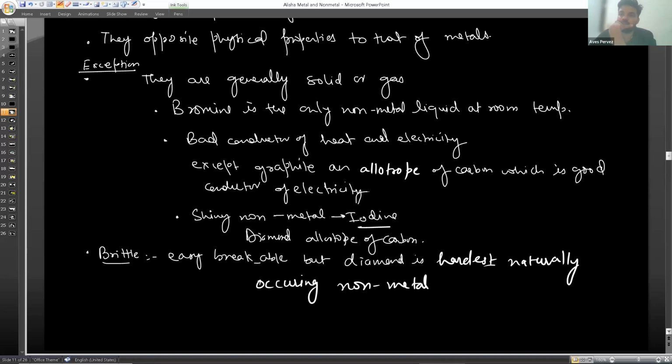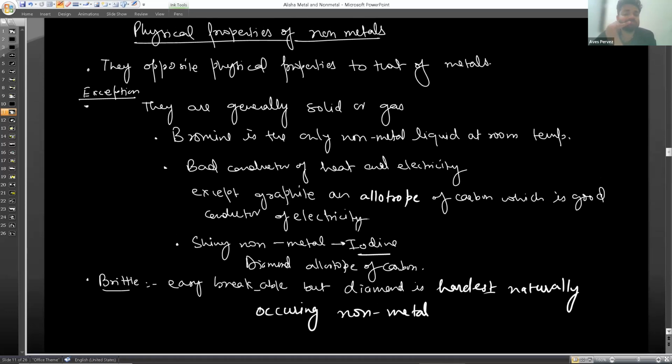Sir, what does allotrope mean? Allotrope means that if an element exists in different forms in nature, we consider them allotropes.